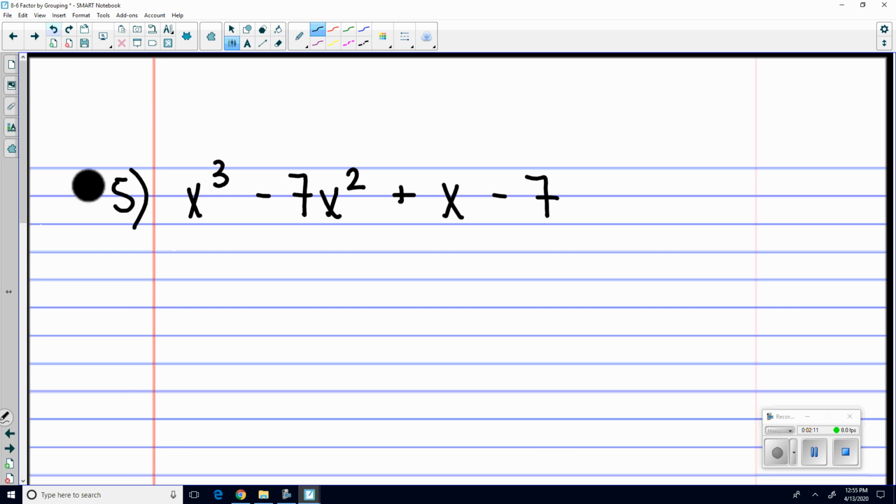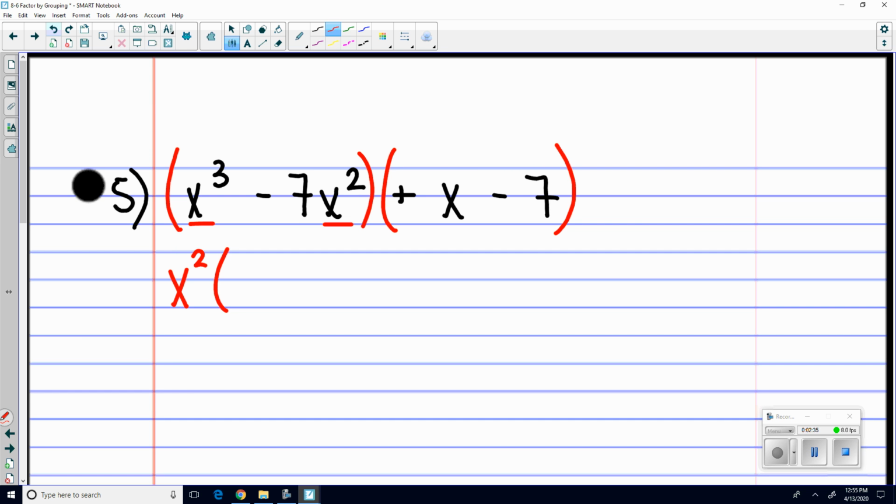So my next step then would be to factor by grouping. So group the first binomial and group the second binomial. And let's pull out the greatest common monomial factor out of each of these. So let's look at our first one. What can we pull out? Well, they both share an x, and actually they both share an x squared that can be pulled out of it.